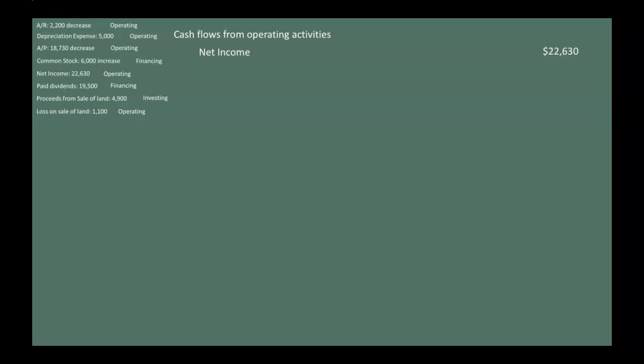What we're trying to do here in the operating activity section is turn that from accrual basis to cash basis. So we then have these adjustments to reconcile our net income to net cash provided by operating activities. And this is where all of those other activities in the upper left that have operating next to them are going to come into play.